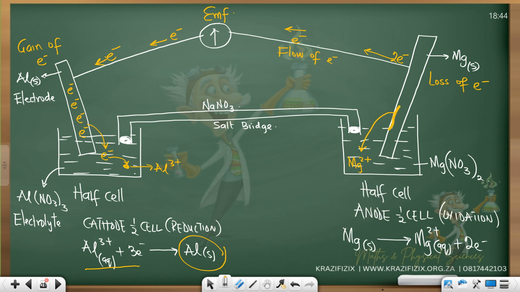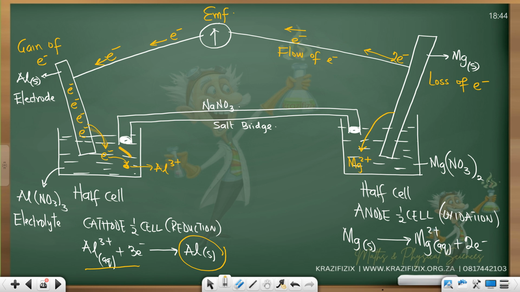So, electrons are lost, yeah? The electrons come here, check. Remember, what is your electrode? It's a passage for electrons. That's why it must be a solid. It's a pathway for electrons to flow.